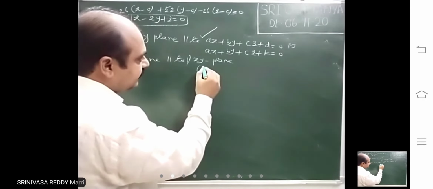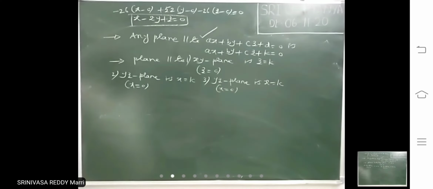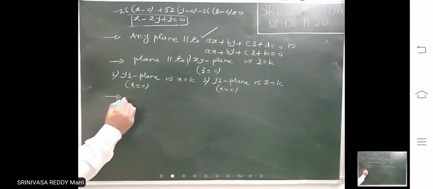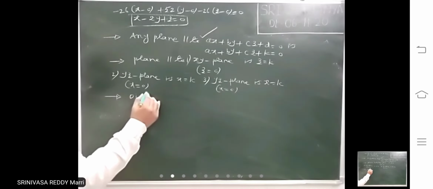This is what? X equal to 0. So it is X equal to K. YZ plane is X equal to 0, and the parallel plane is X equal to some constant. They will differ by a constant. Right? Next. Distance between parallel planes.